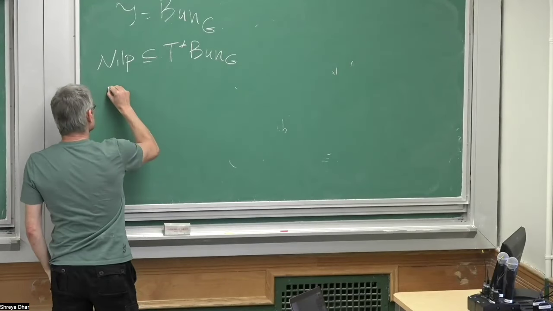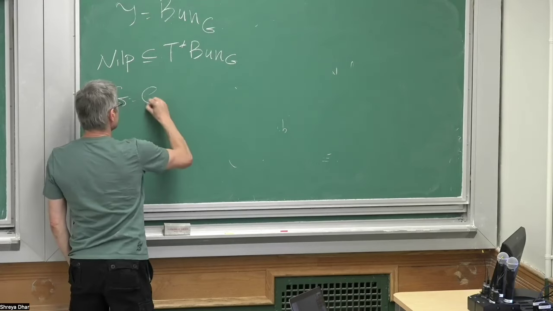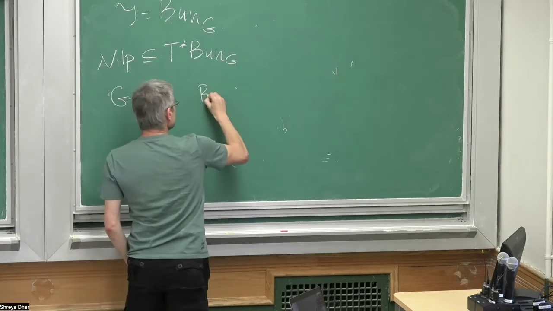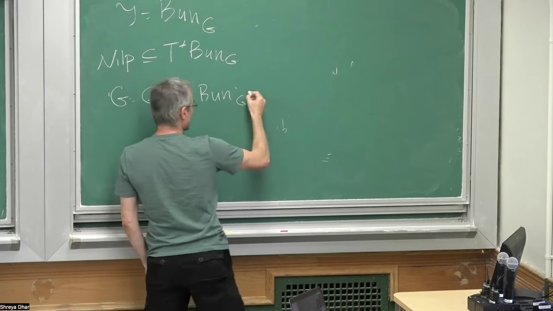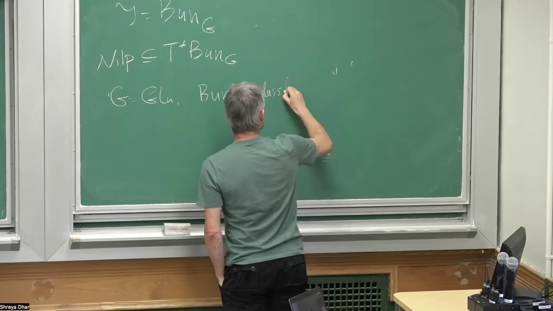So Bun_G, for GL_n, and exactly as was discussed earlier, Bun_G classifies rank n bundles.